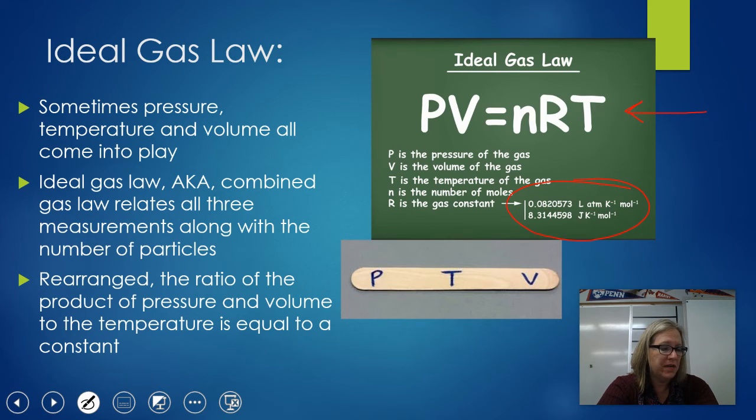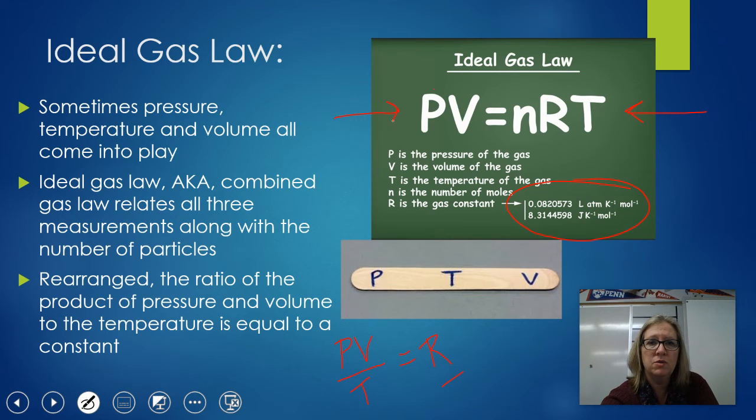If you look on page 385 in the book, though, it talks about the fact that you can rearrange this equation and make it a ratio of the pressure and volume to temperature, and that's actually going to be equal to that gas constant, okay? So it takes the three things we've talked about and relates them to that gas constant, okay? If you look at this equation, though, you can kind of see why pressure and volume are an indirect relationship.